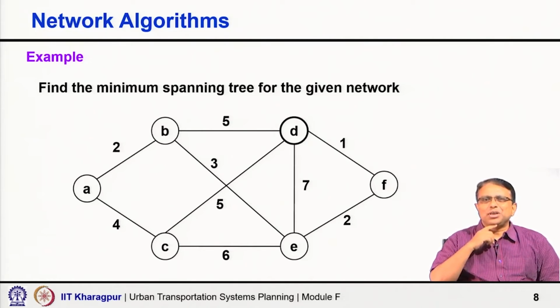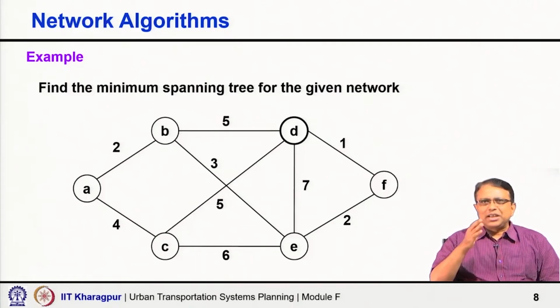As per this algorithm, what will I do? I will put them in order. So, first is D to F, then E to F, A to B, any order, then B to E with 3, then A to C with cost 4, then B to D with 5, then C to E 6, and E to D or D to E is 7.